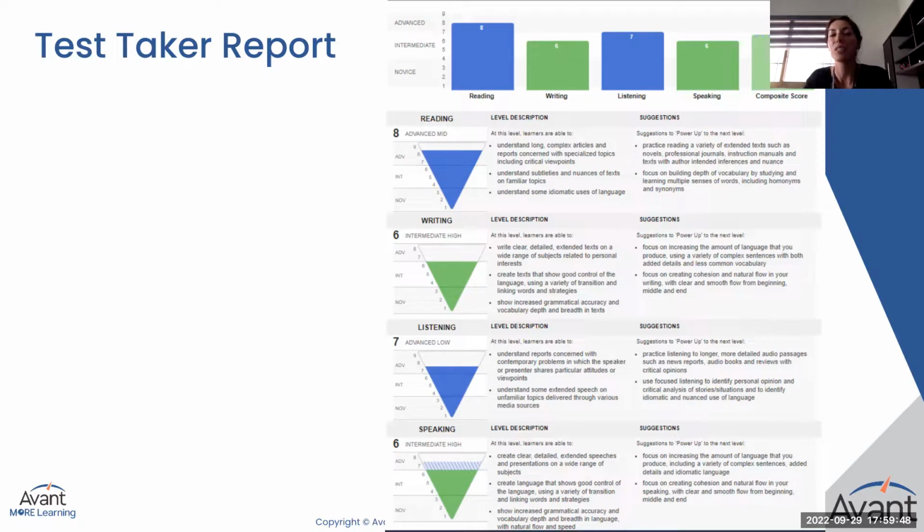proficiency language exam. And then again, some of the things that we really like and emphasize with our school coordinators, students, everyone that is interested in knowing more about Avant, is that you get fast results.